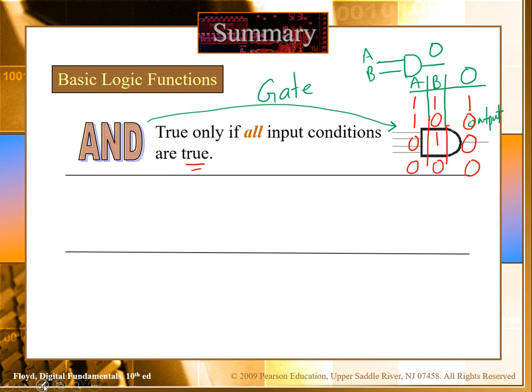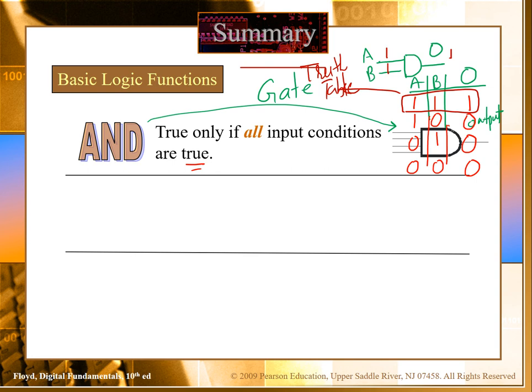This is the meaning of the statement: the AND gate output will be true only if all the input conditions are true. So if you are getting 1 1, the output will be 1 in case of the AND gate. This table is called a truth table. We will see more details in chapter 3 of this book, about how we can make this truth table and other things.